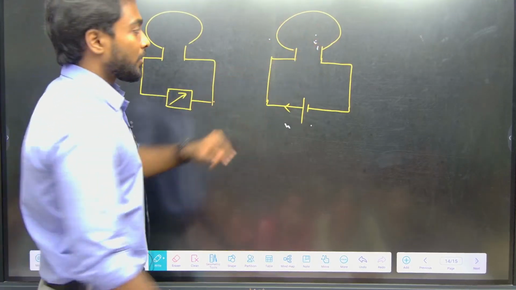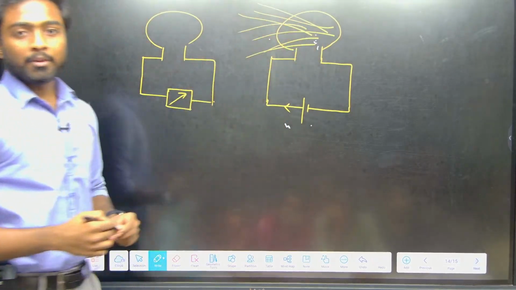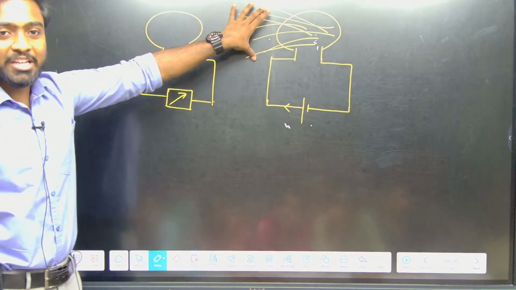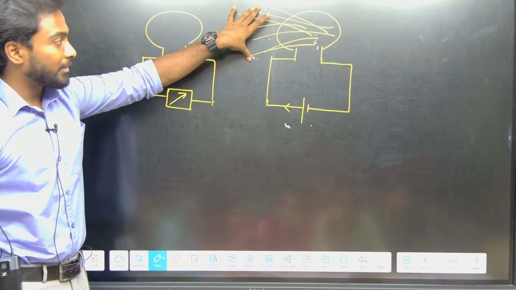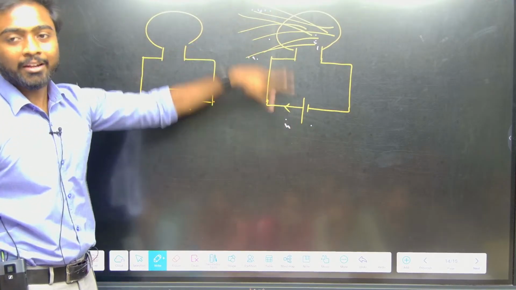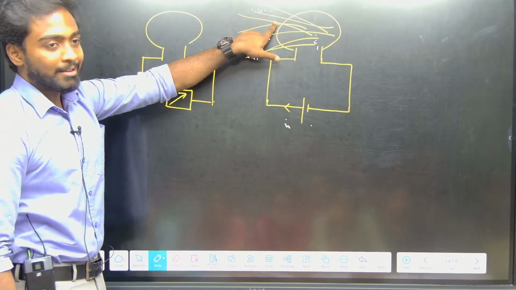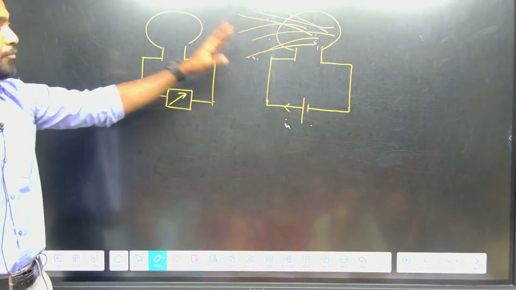So the magnetic field has been created. It will change, no? The current is changing, a sudden increase will be there, then again the flow will be normal. So a sudden magnetic field will be created.